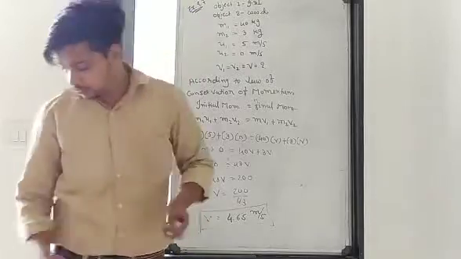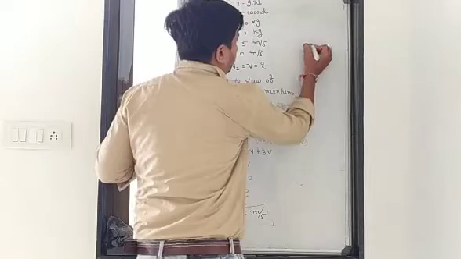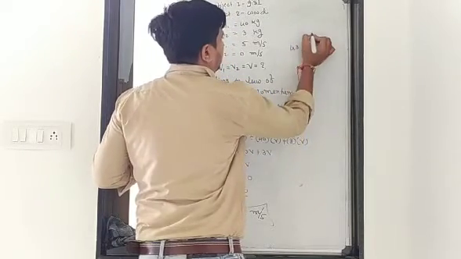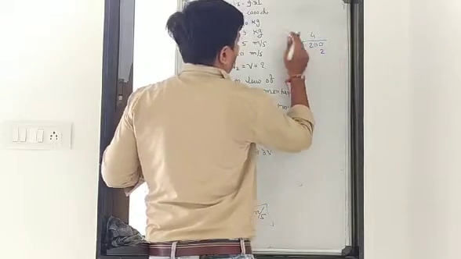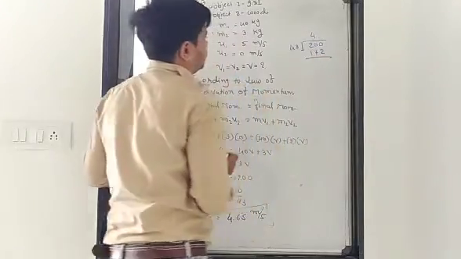Okay? If you want, we will look at it here: 200 divided by 43. 43 4s are 172, right?